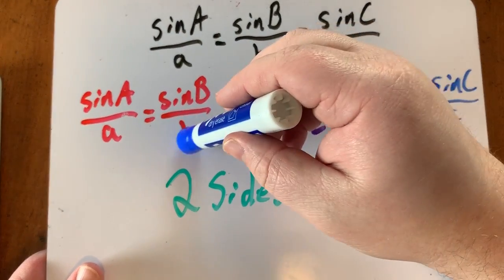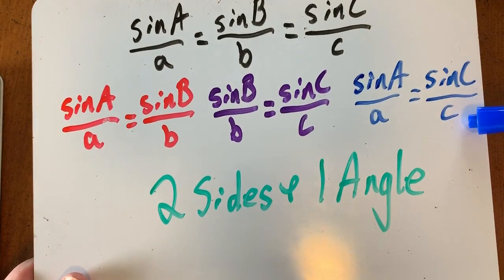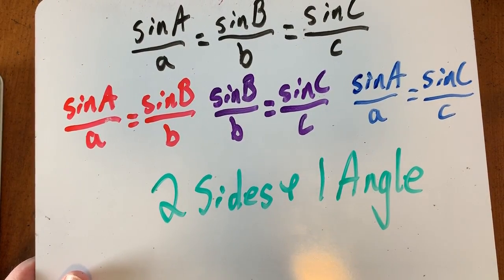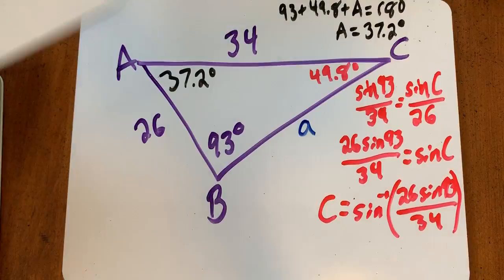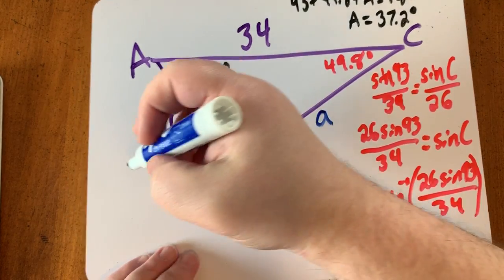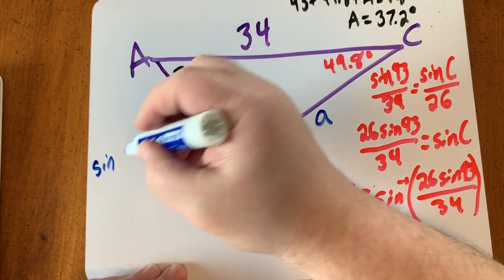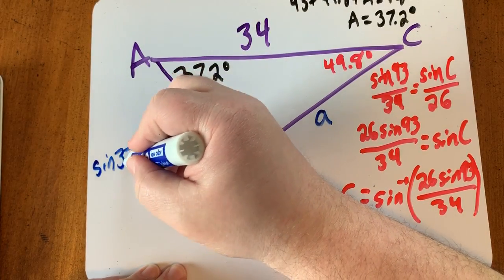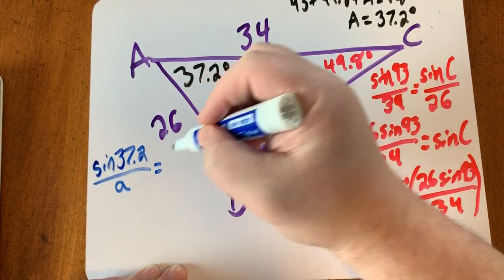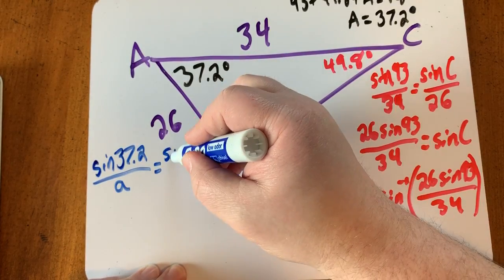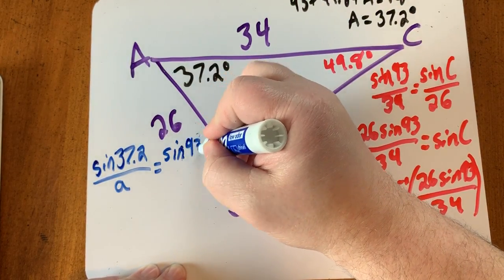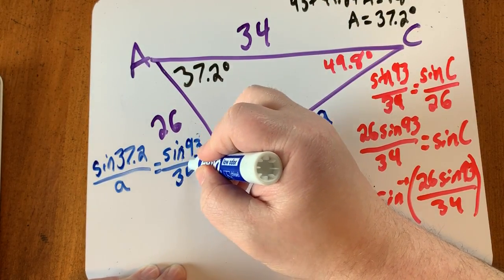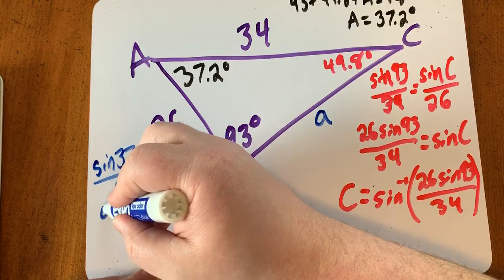So we could use either one of these. But on this one, we had to approximate angle C. So I'm going to use this one because we didn't have to approximate angle B and side B. So sine of A, which is 37.2, over A equals sine of B, which is 93, over side B, which is 34. Cross multiply and solve.